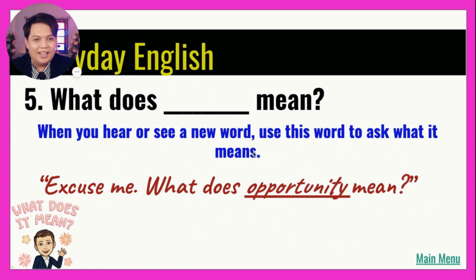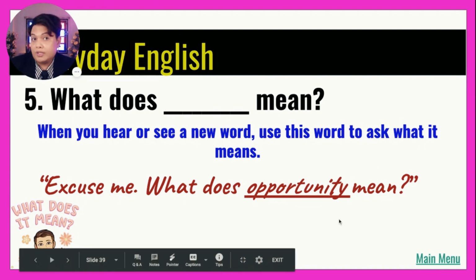Very good. Number 5 on our list is, what does blank mean? Say it with me again. What does blank mean? When you hear or see a new word, use this phrase to ask what it means. For example, excuse me, what does opportunity mean?